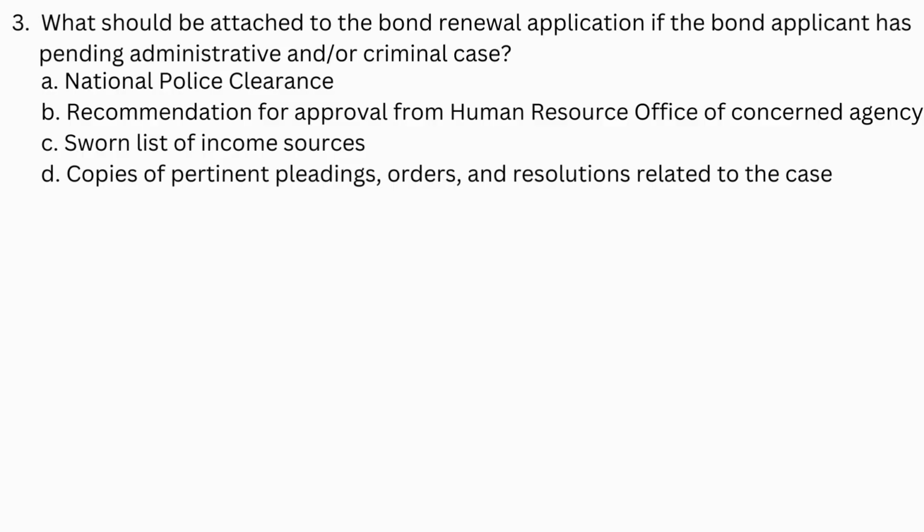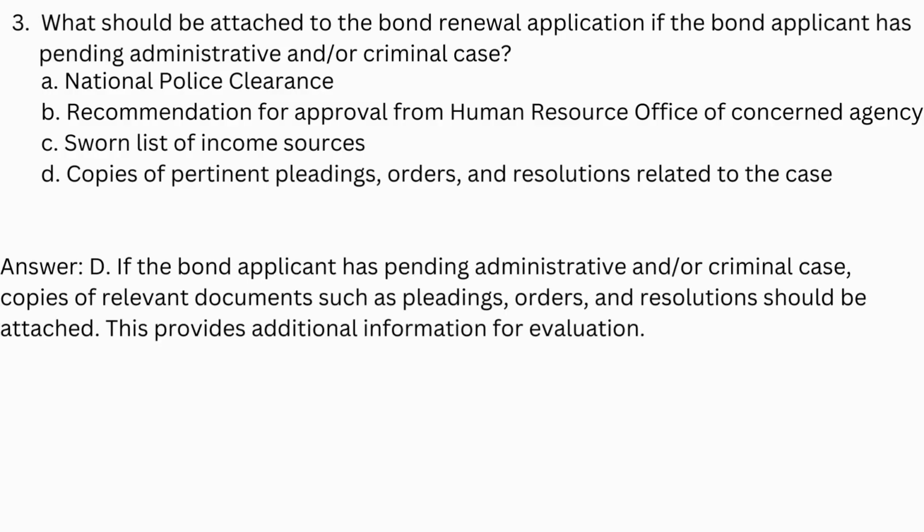D. Copies of pertinent pleadings, orders, and resolutions related to the case. Answer, letter D. If the bond applicant has a pending administrative and/or criminal case, copies of relevant documents such as pleadings, orders, and resolutions should be attached. This provides additional information for evaluation.